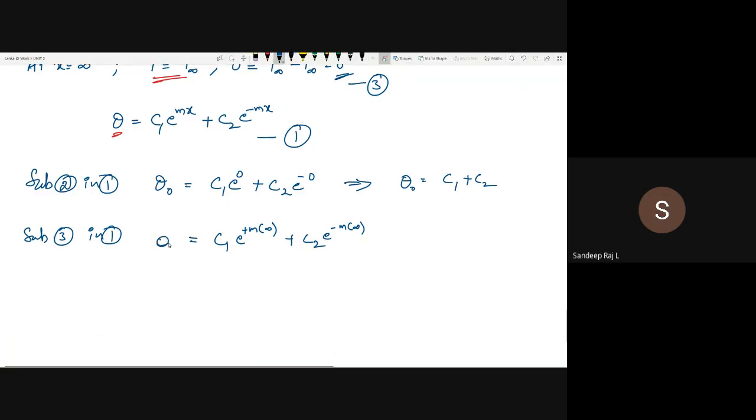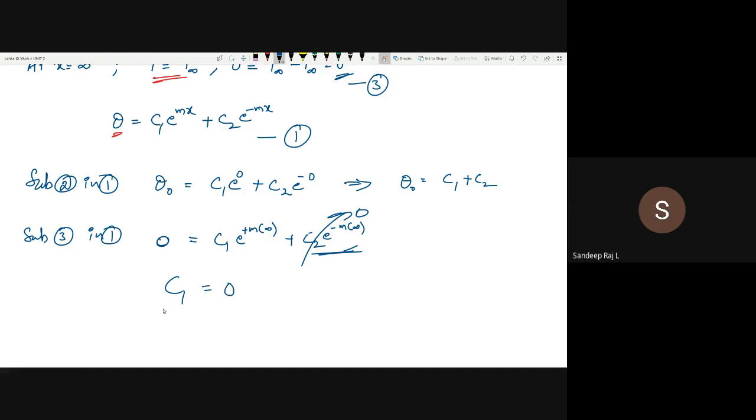This whole term will become 0 because e power minus infinity is 0. When this is turning out to be 0, this C1 into e power plus mx cannot be 0, so C1 will be 0.